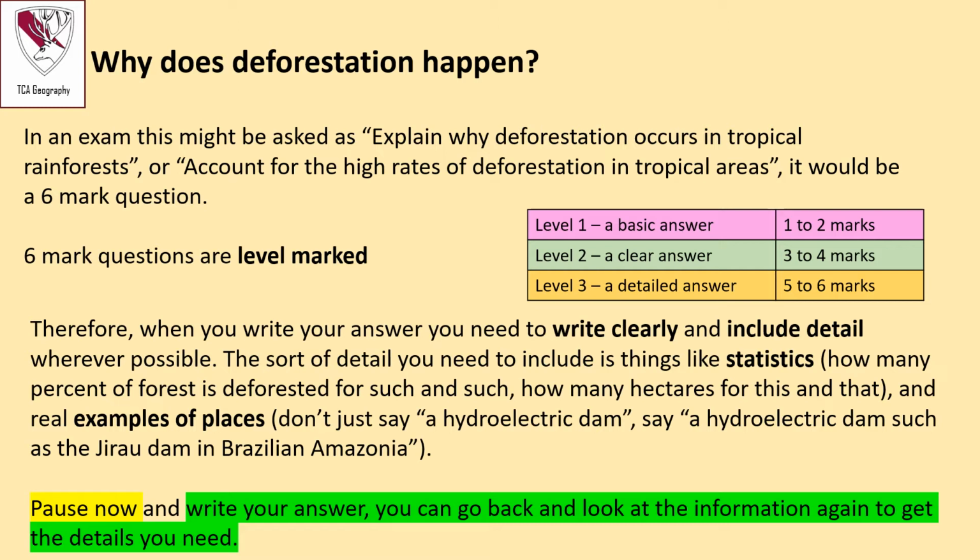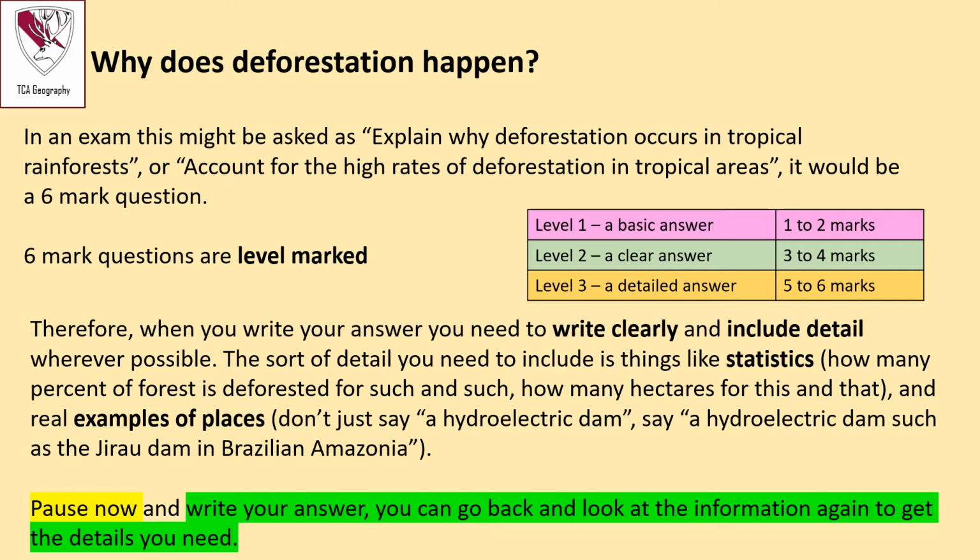Now, 6-mark questions in exams are level marked. That means you don't need to give 6 points very briefly and you get a mark for each point. What it means instead is that the examiner looks at your answer as a whole and they decide, is that basic, clear or detailed?